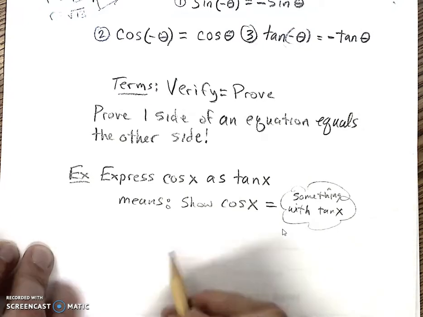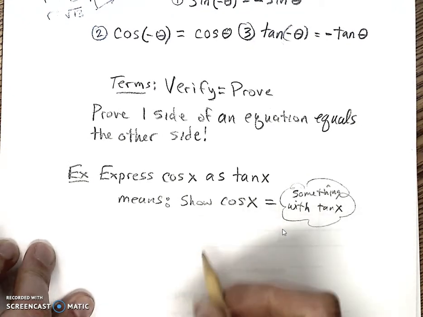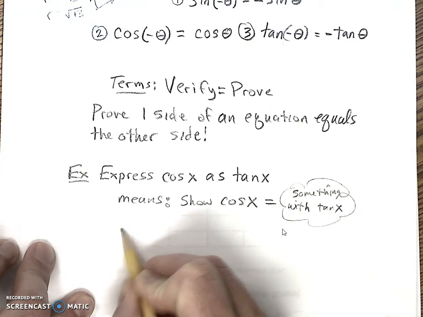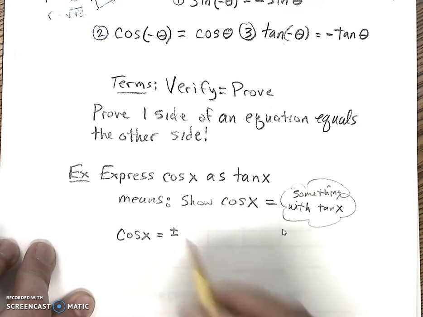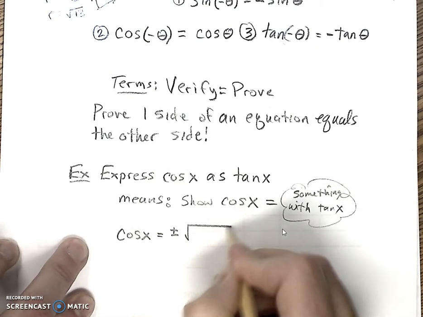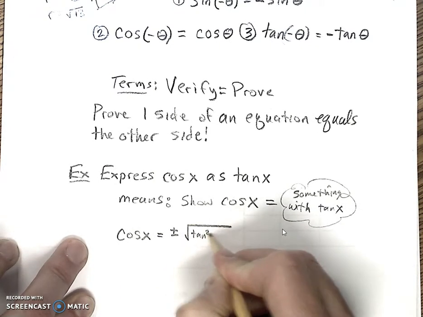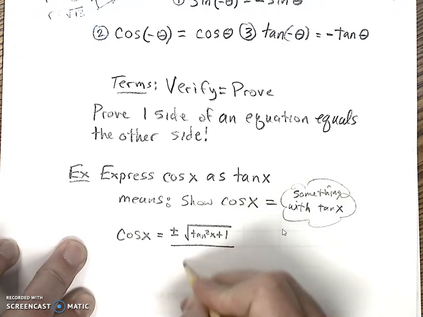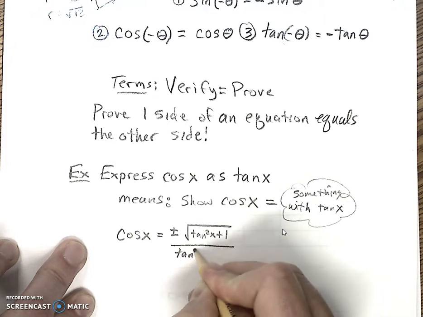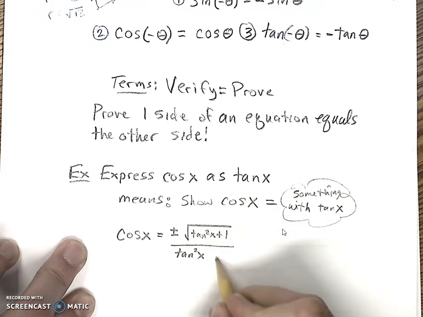What that actually is, we'll learn later in this chapter. We could show later on that the cosine of x equals plus or minus the square root of the tangent squared x plus 1 divided by the tangent of x squared plus 1.